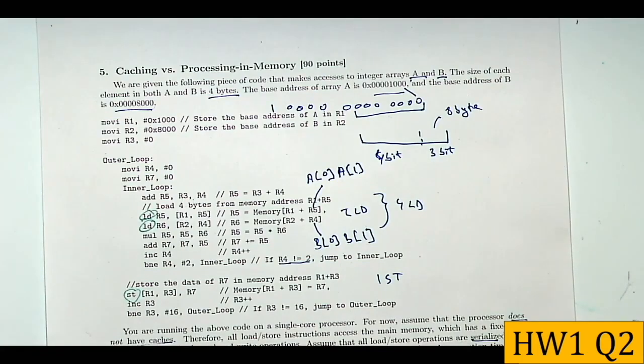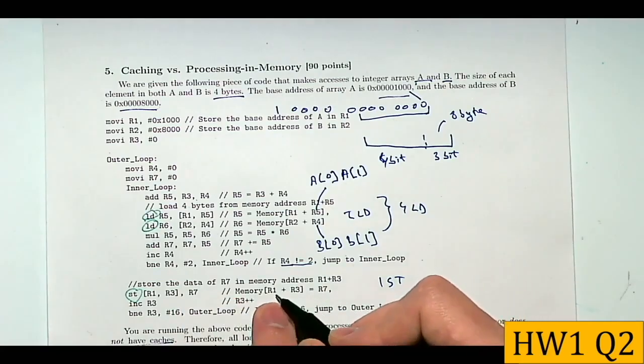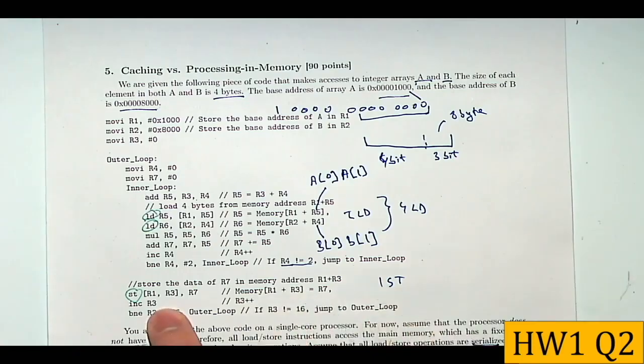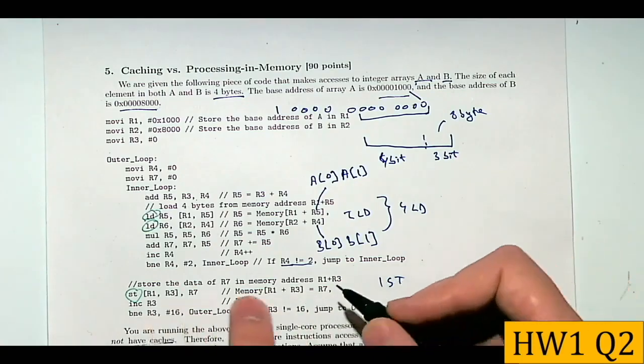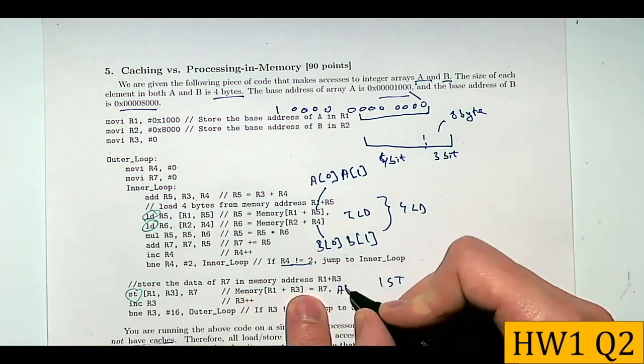So those will be the locations we will touch in the first 2 iterations of the inner loop. And then here, for the store, it is R1 plus R3. And R3 is our outer loop iterator. So it will be basically the base address of A plus R3, which initially will be A0.